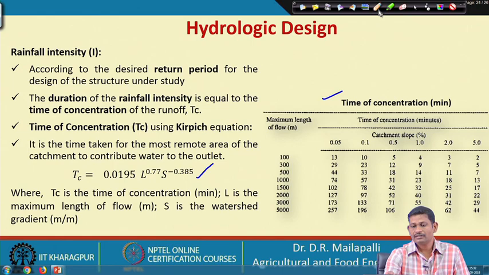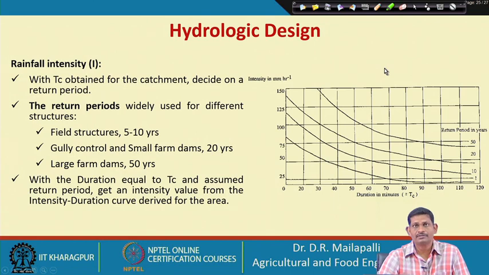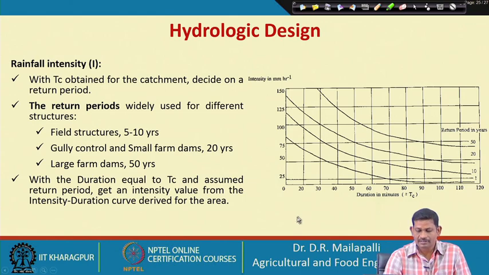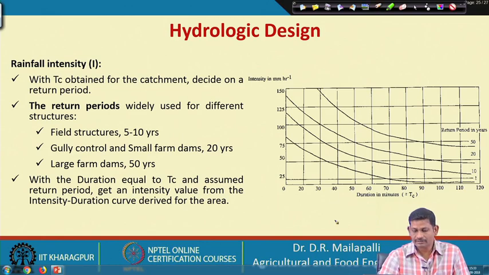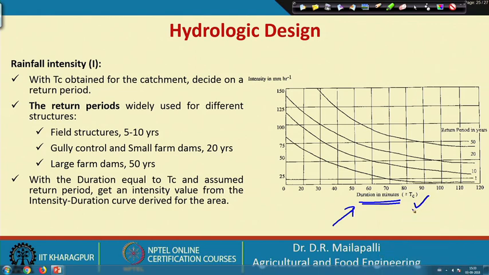Both can work. Then how do we find the rainfall intensities once we know the time of concentration? If you see the graph here, the x axis is the duration in minutes, that is Tc, because our assumption is that the duration equals the time of concentration. The rainfall intensity I is on the y axis, and the curves give the return period.